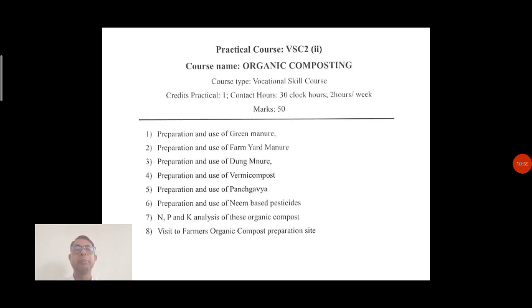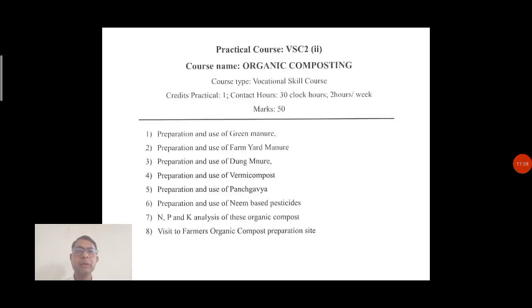For example, preparation and use of green manure, then farmyard manure, dung manure, vermicomposting, then Panchagavya, neem based pesticides. Then the NPK analysis of the prepared fertilizer or manure. And the last practical is a visit to a farmer's organic composting preparation site. So these are the practicals based on organic composting.